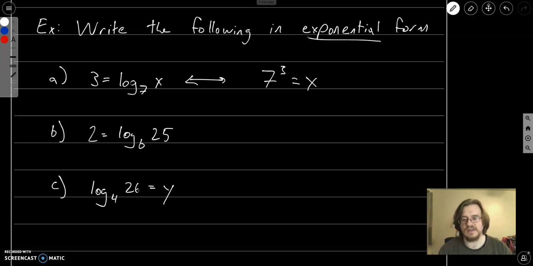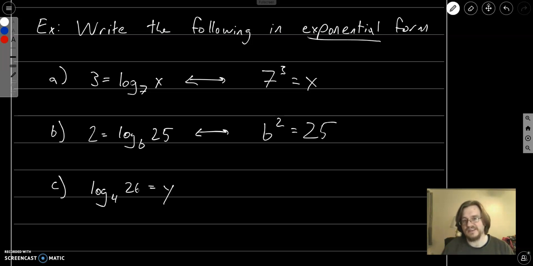Here we have log base b of 25 is equal to 2. So this means that b raised to the second power is equal to 25. Okay? Both of these mean the same thing. So if I wanted to try to figure out what b was, and I felt that this was confusing, I could rewrite it as an exponent and go, oh hey, something squared is equal to 25.